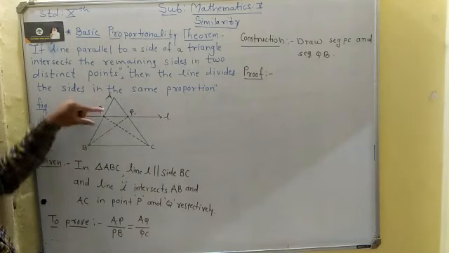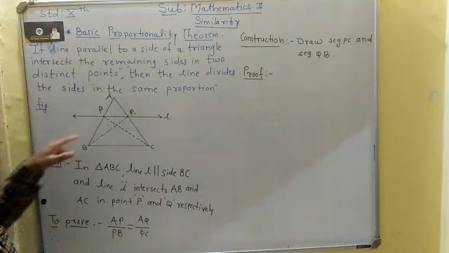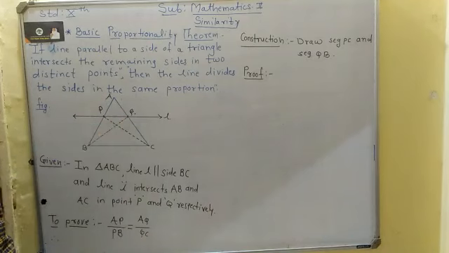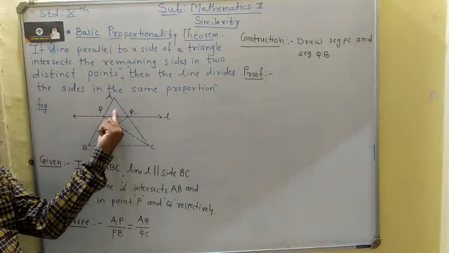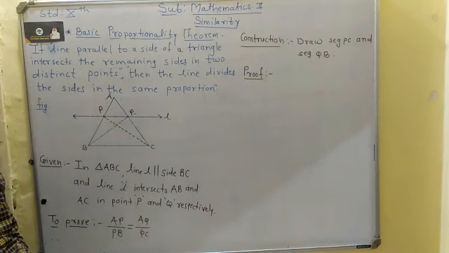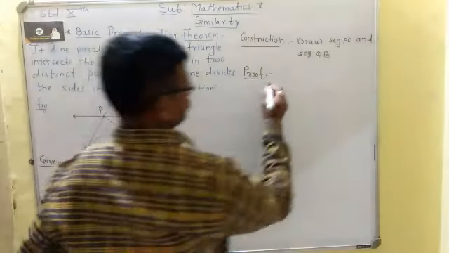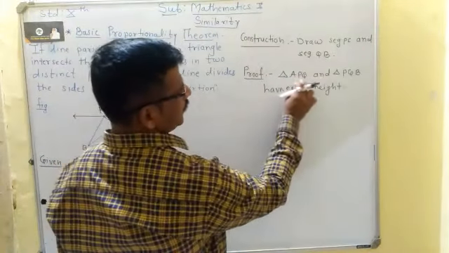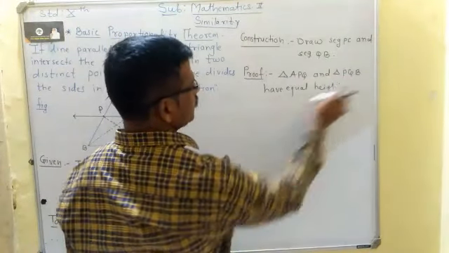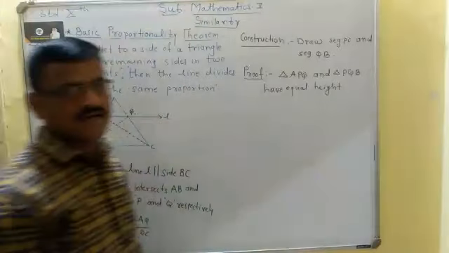Both triangles have a linear base and one vertex in common. That means both triangles have the same height. Therefore triangle APQ and triangle PQB have equal height.